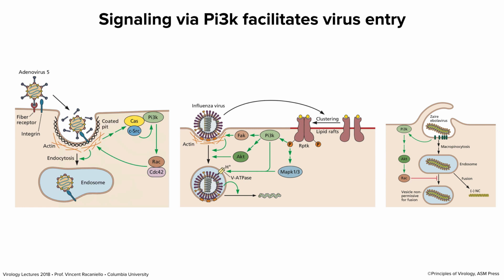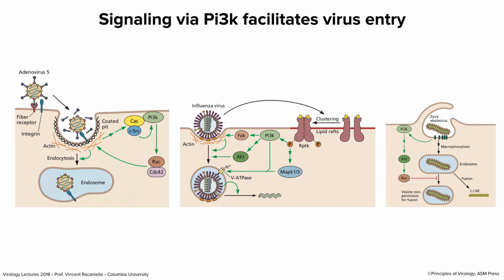So basically the virus is tapping into pathways that already exist, because in order for vesicles to come in from the surface, you have to disrupt this actin filament structure, and so the virus does that, and then it can move into endosomes.